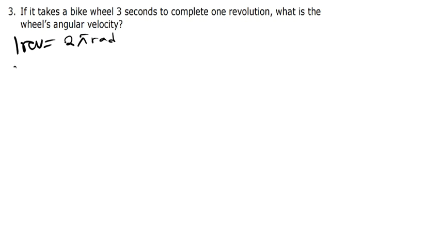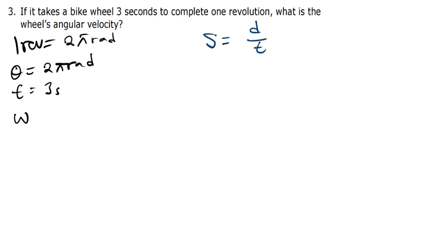So I have got the theta to be 2 pi rad, I've got the time to be 3 seconds, and my goal is to find the angular velocity. This is the same with what we have been doing so far. The formula for speed or velocity is equal to the distance over time. When we come to rotational motion, this speed is now w, d is theta, time is the same time, doesn't change.